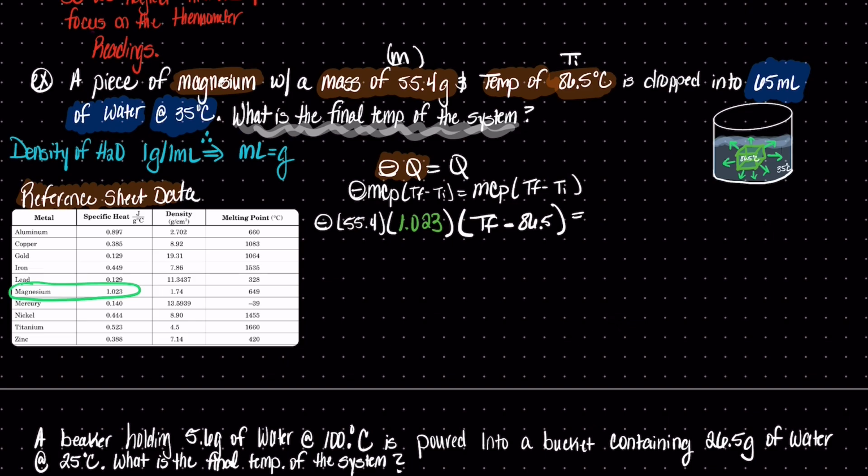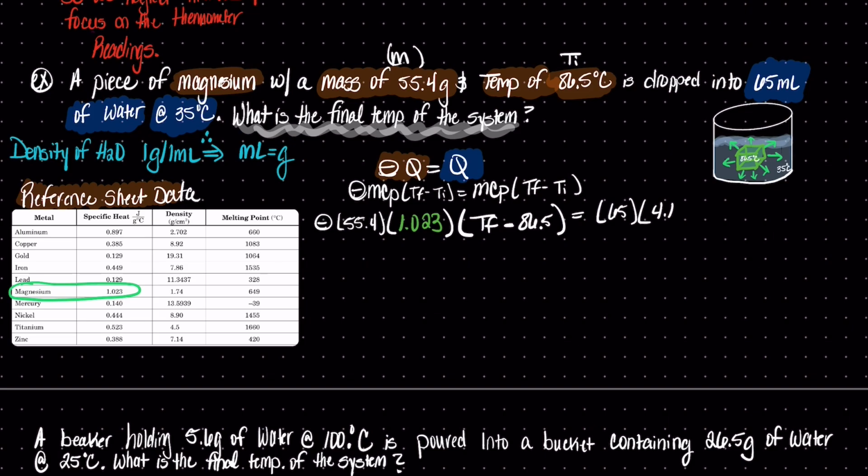And we know, of course, from our reference sheet, the specific heat of liquid water. So we're going to just plug and chug what we know. I know my mass of my cold side here is everything from the water. So I know that to be 65.